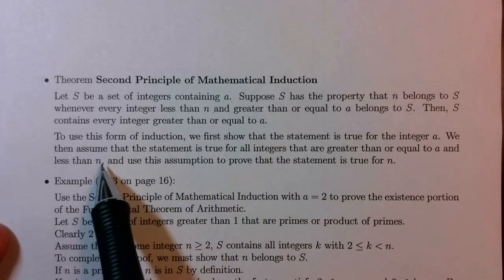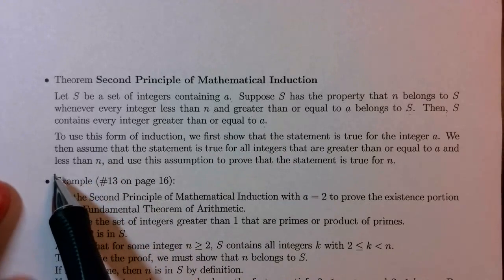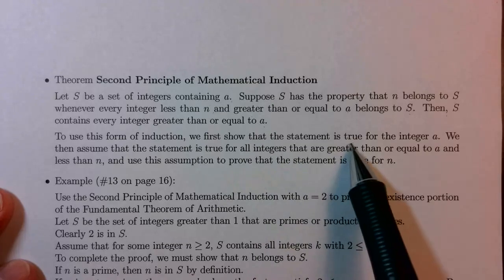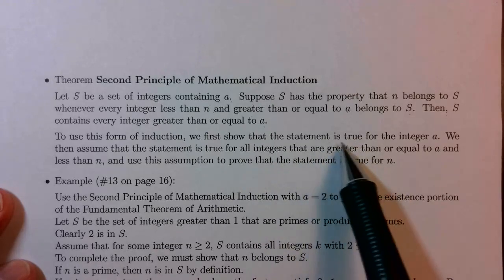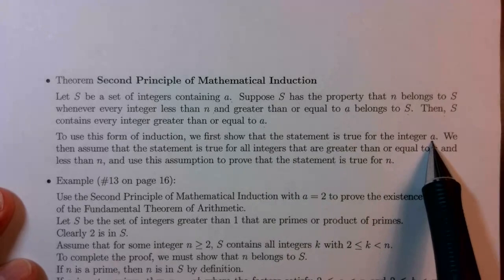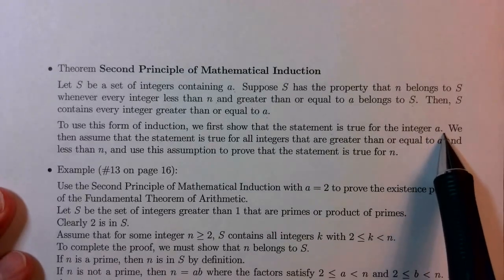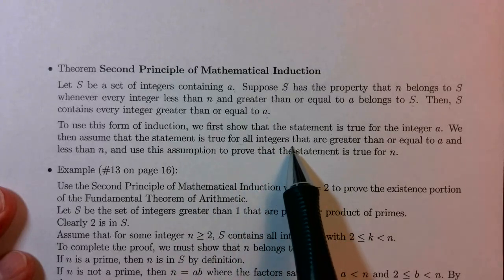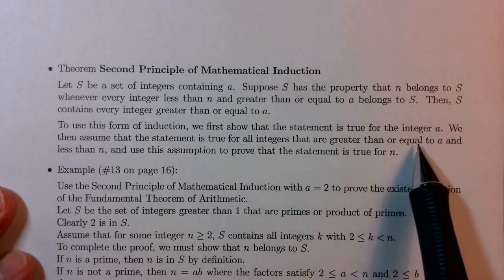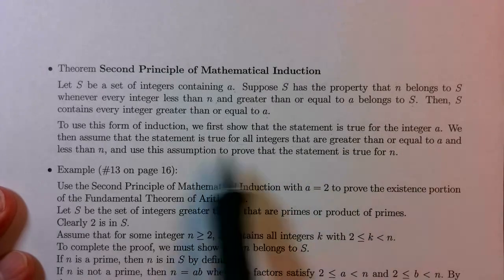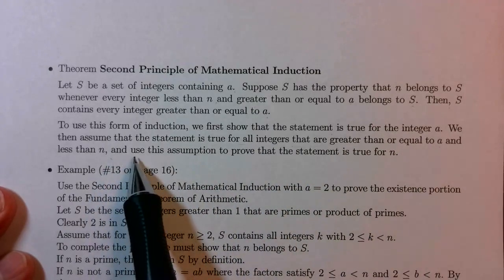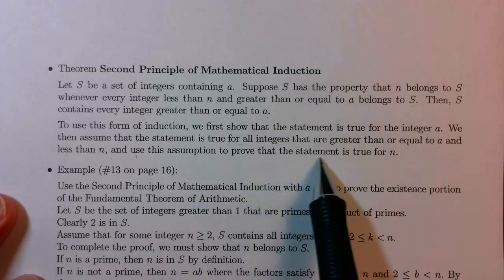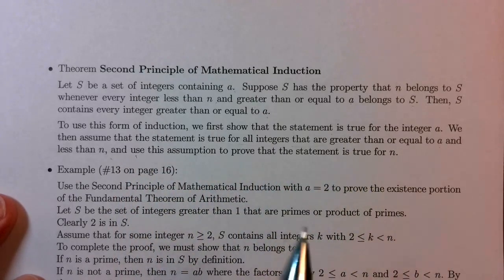To use this form of the induction, we first show that the statement is true for A, that is A belongs to S. We then assume that the statement is true for all integers that are greater than or equal to A and less than n, and use this assumption to prove that the statement is true for n.